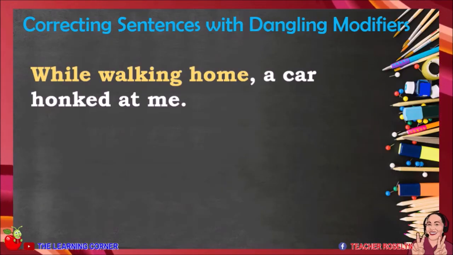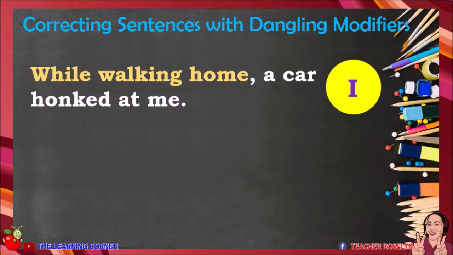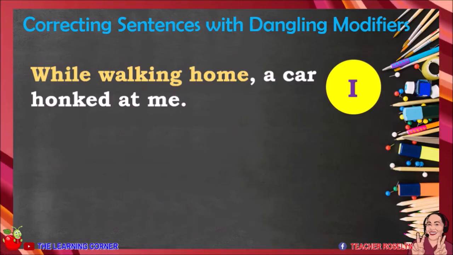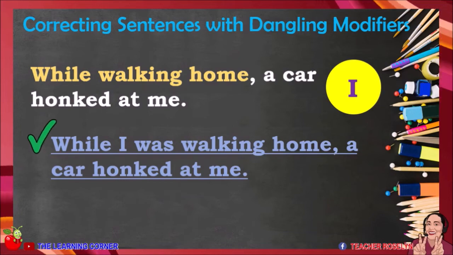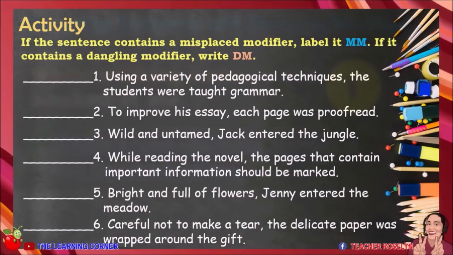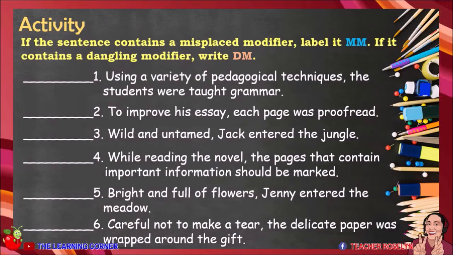While walking home, a car honked at me. The modifying clause, while walking home, refers to I. So, the corrected sentence is, while I was walking home, a car honked at me. Let us now answer this activity.